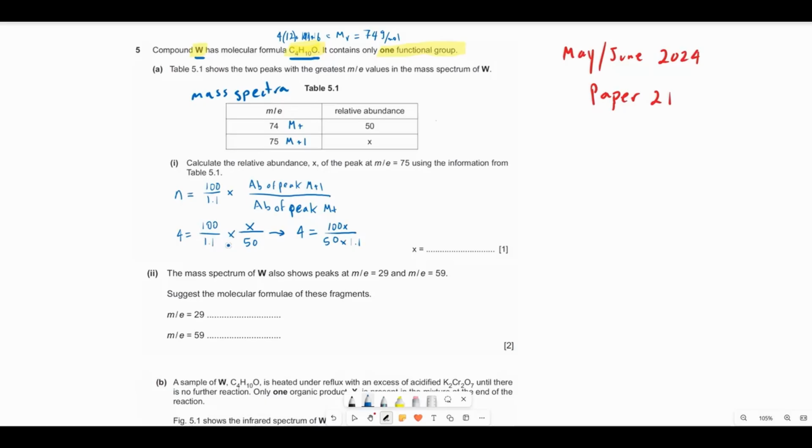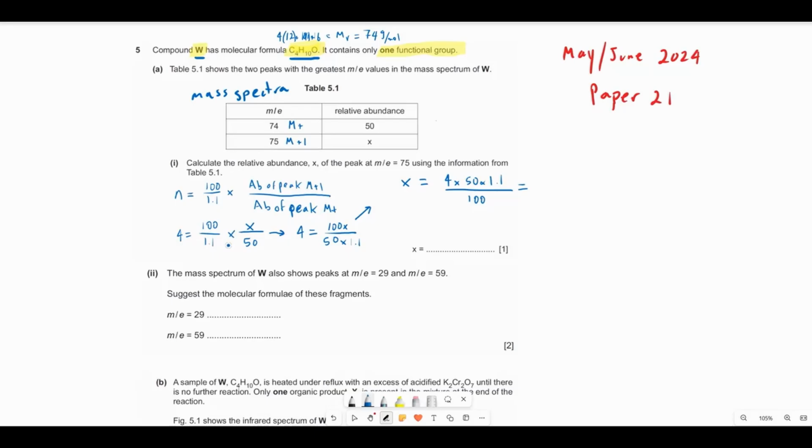Here, all we need to do is solve for x. So x is going to be equal to 4 times 50 times 1.1 over 100.